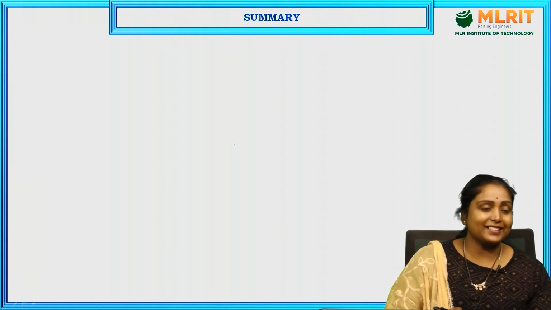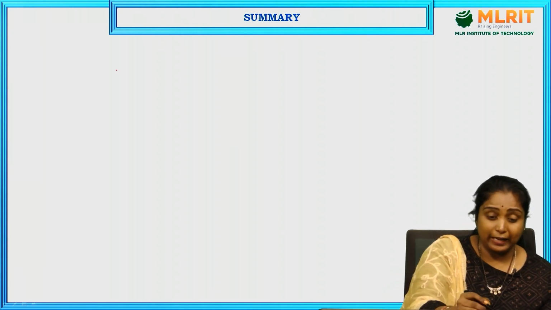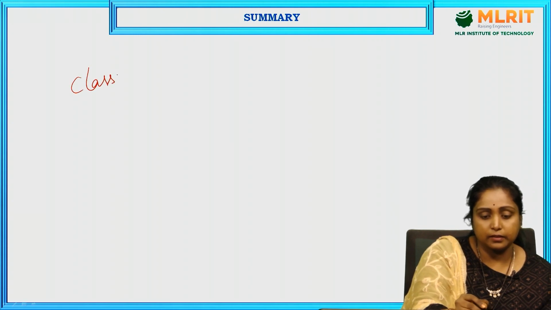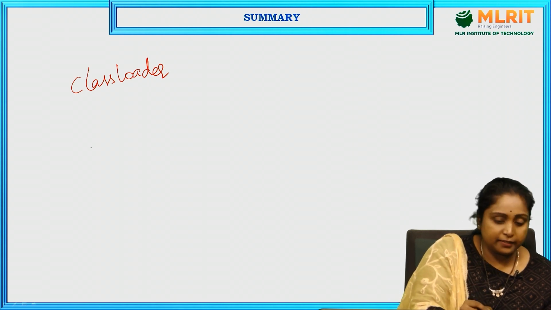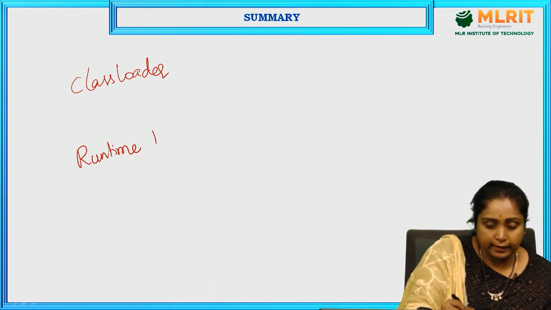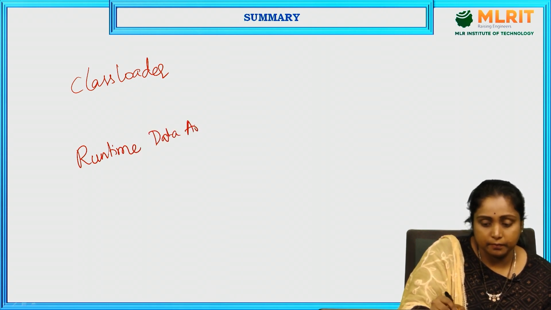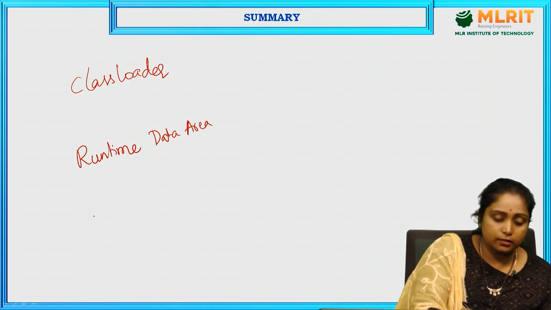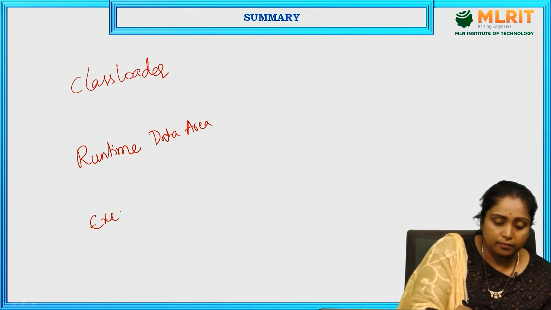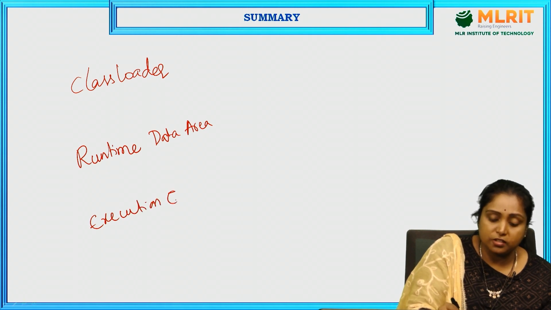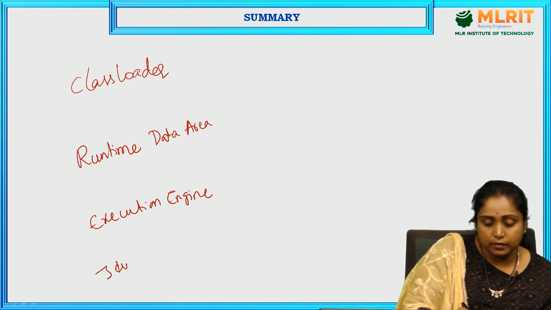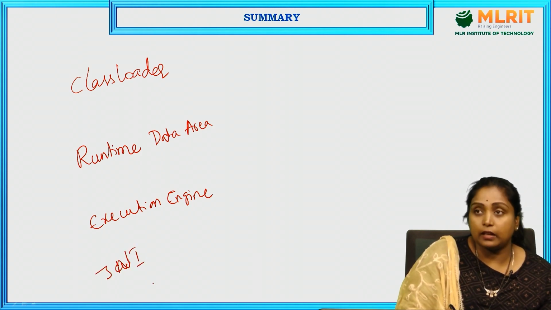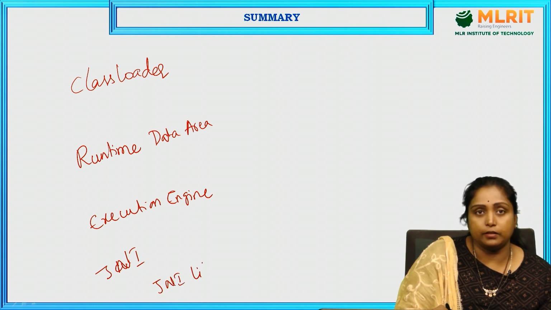What we have discussed in today's class is that the architecture consists of these components: the class loader, the runtime data area, the execution engine, and the JNI, Java Native Interface, and the Java native libraries.